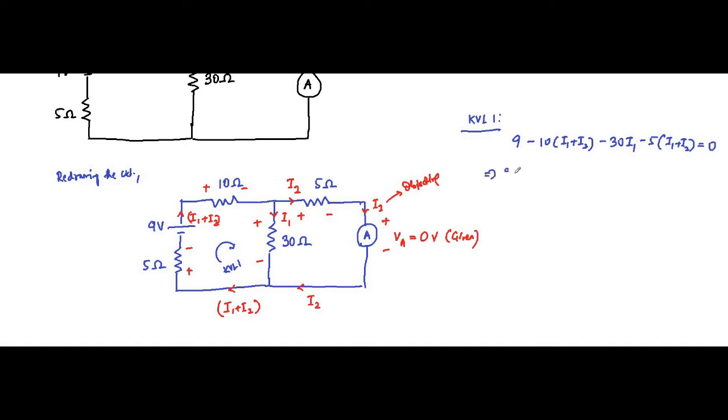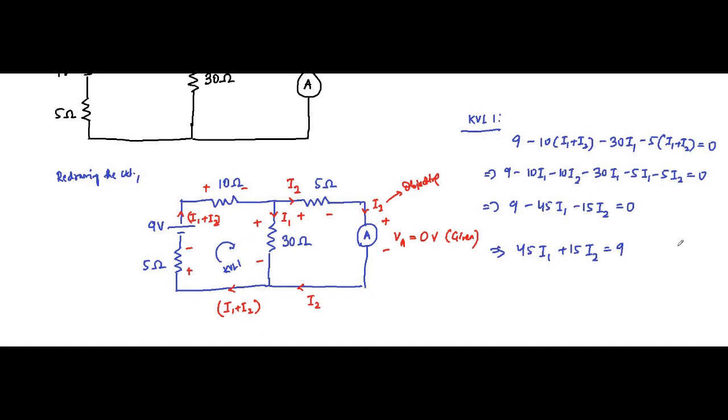That implies 9 minus 10 I1 minus 10 I2 minus 30 I1 minus 5 I1 minus 5 I2 equals 0. That implies 9 minus 45 I1 minus 15 I2 equals 0. That implies, bringing them to one side, 45 I1 plus 15 I2 is equal to 9. That is, let's say, equation 1.